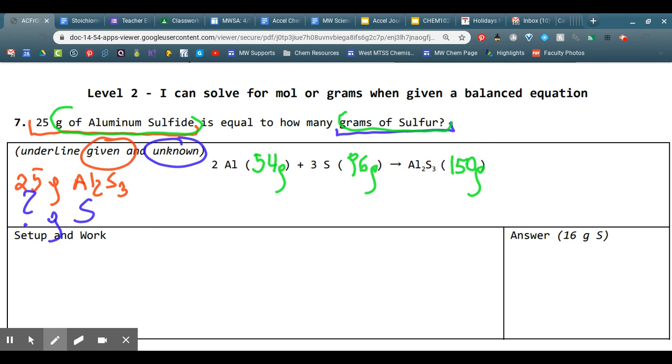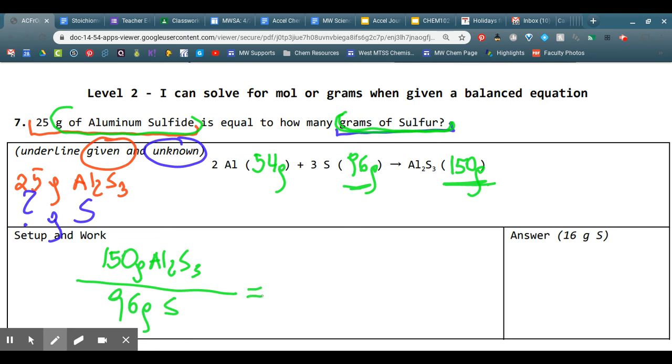We know that aluminum is still part of that equation, but the aluminum is not mentioned in this problem, so we just ignore it. So grams of aluminum sulfide, that's 150 grams. So for 150 grams of aluminum sulfide, there is 96 grams of sulfur.